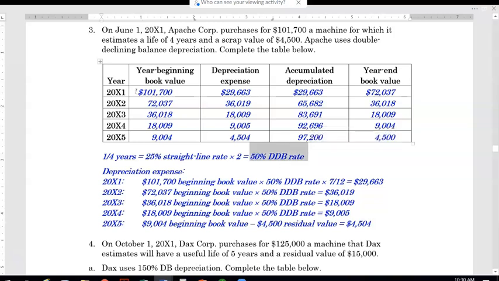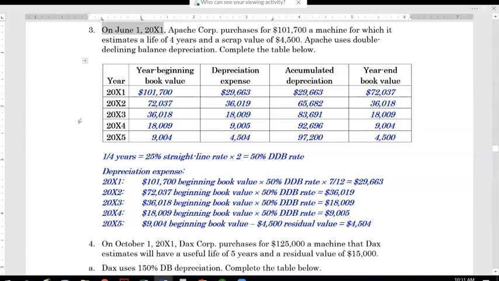Very good. We pick up the beginning balance again, which is our cost, actual cost, times 50%. And here, just notice that you bought it in June.